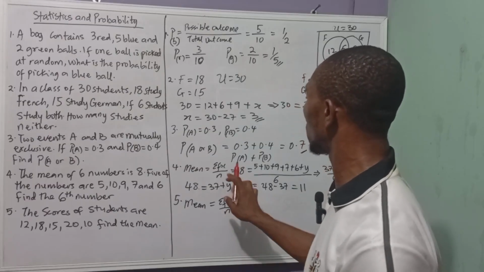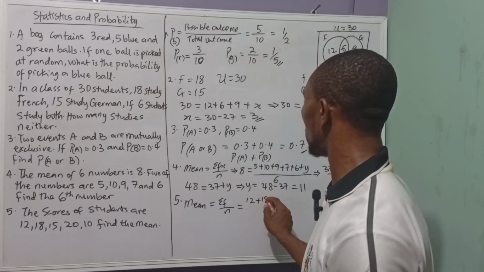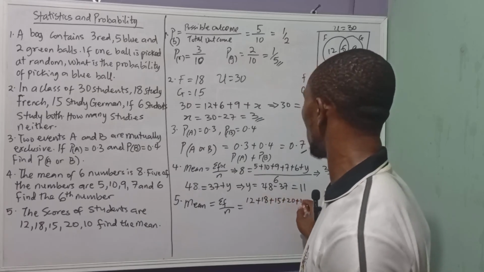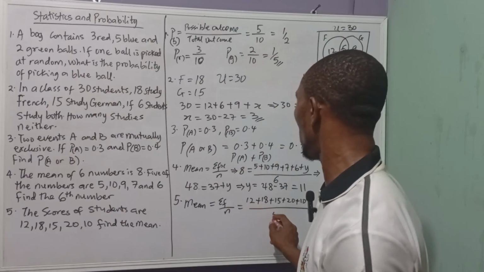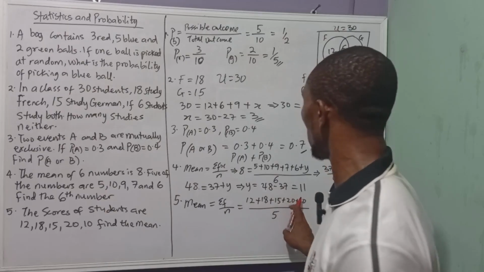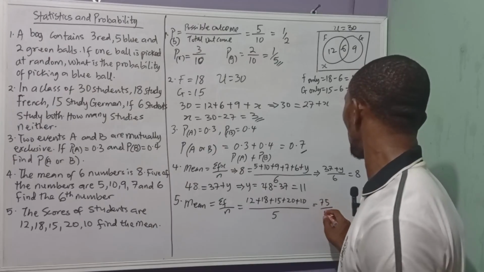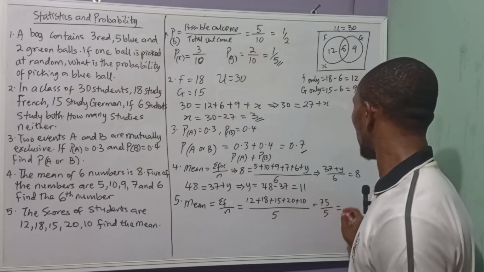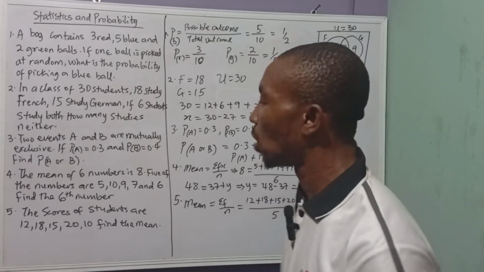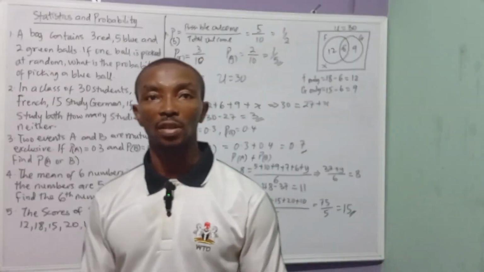So this gives us 12 plus 18 plus 15 plus 20 plus 10 all over how many? 5. So 30 plus 30, 60 plus 15, that gives us 75 over 5. So 75 over 5 gives us 15. So the mean of the set of numbers will be 15.